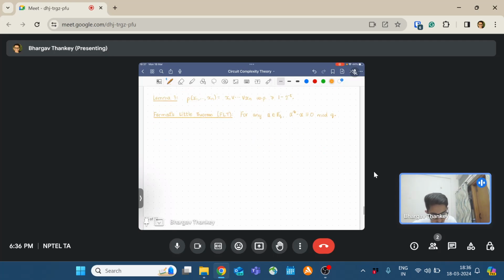Using this, let's see how to prove the lemma. To prove the lemma, we'll prove two claims.